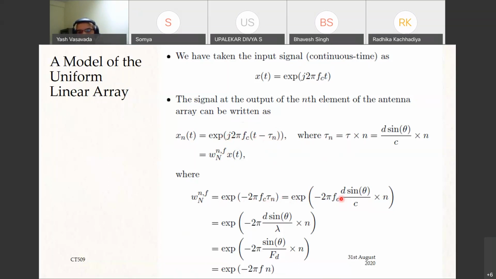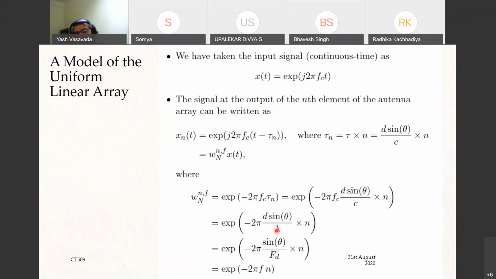Now the rest of this equation just simplifies tau n. So tau n is d sine theta n divided by c. So that is what I substituted here. But c divided by d is the wavelength in meters, and so instead of writing it as c divided by d, I'm just writing it as lambda. Now the units are making sense.